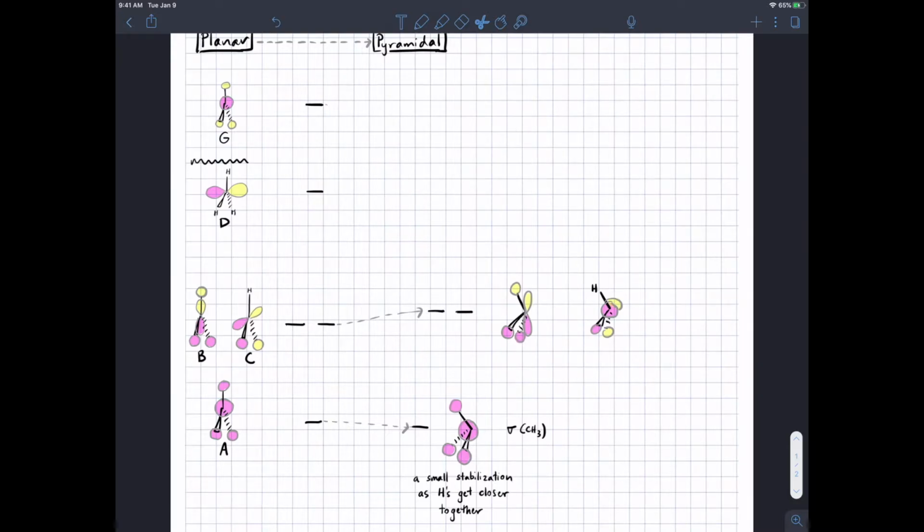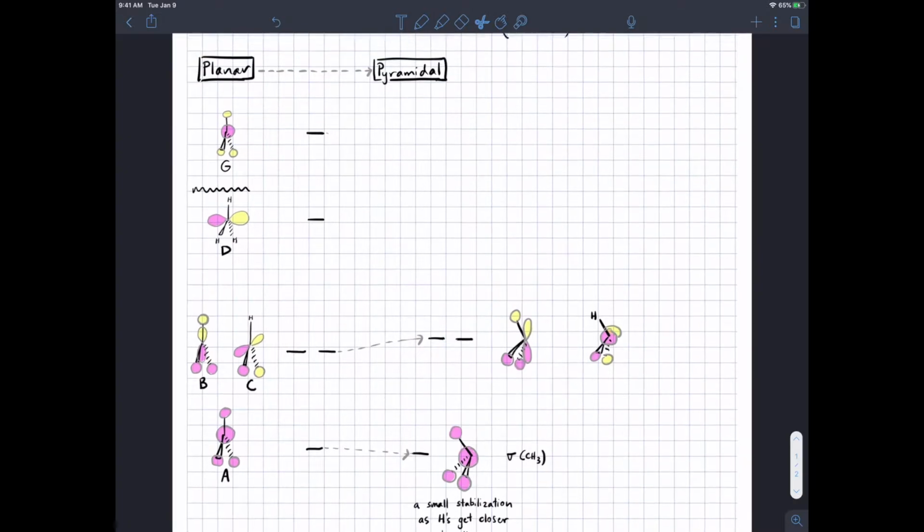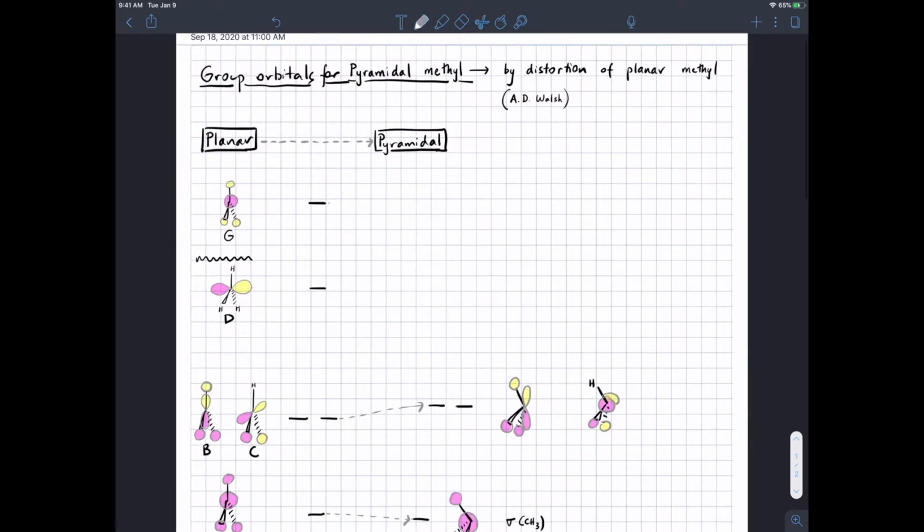Go ahead. So with these p orbitals, is our XYZ coordinate frame of reference arbitrary? Like we just kind of pick one and stick to it? Yeah, that's right. Our XYZ coordinate frame of reference is arbitrary. I forget what we decided. I think it was X up here and Y here. What matters is on the carbon you have a set of three p orbitals and they're orthogonal to each other.